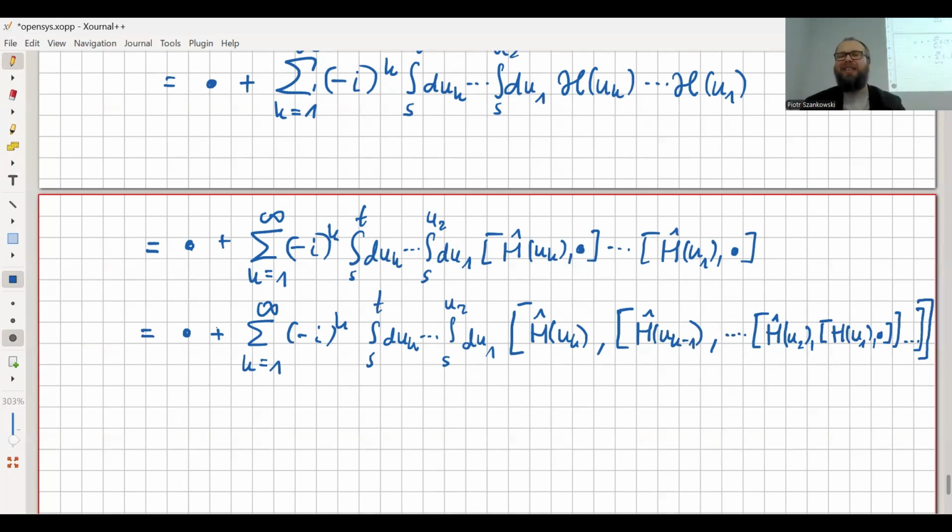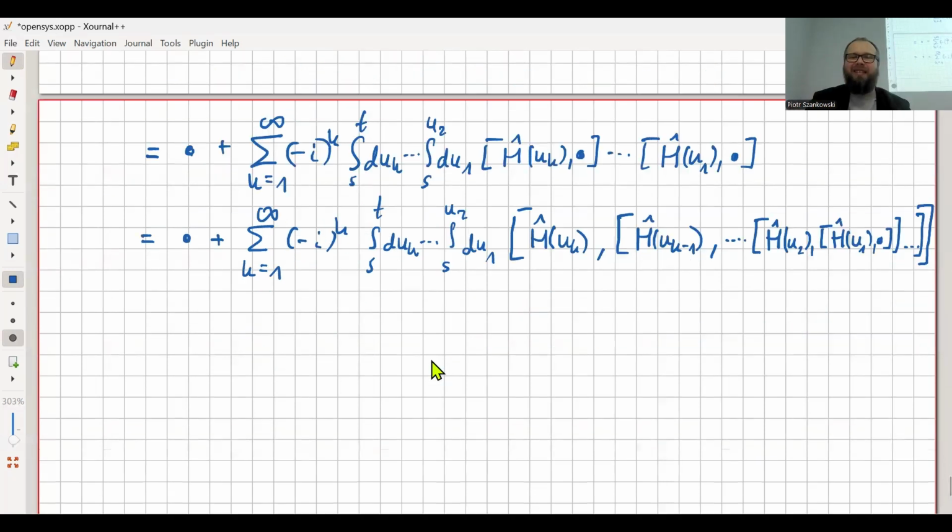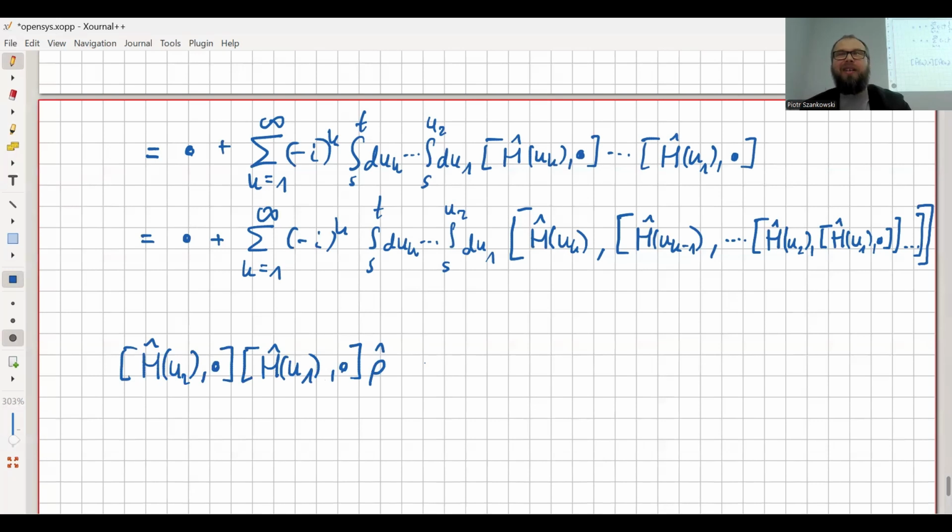So same here. If you want to see this effect of nesting, let's just take H_{u_2} bullet composed with H_{u_1} bullet, the first two guys, and act on some rho. Why not? Let's use rho.